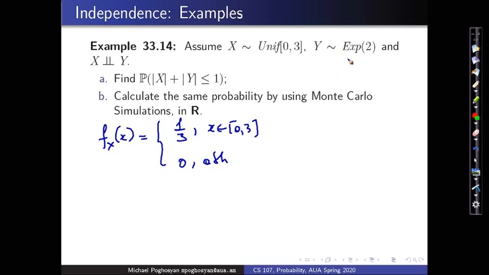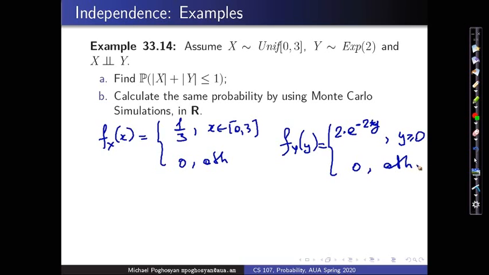For Y, the PDF of exponential is 2 times e to the minus 2y, since our variable is y, if y is larger or equal than 0, and 0 otherwise.